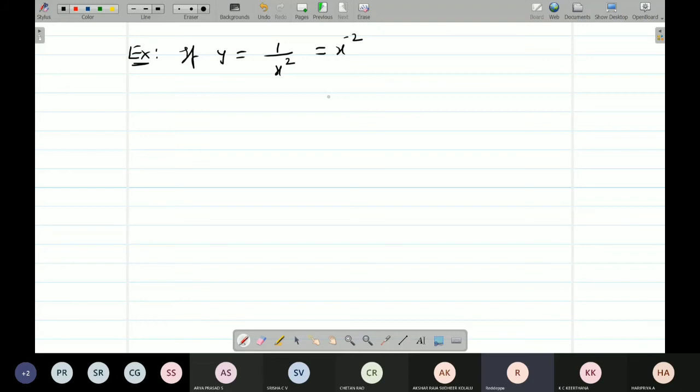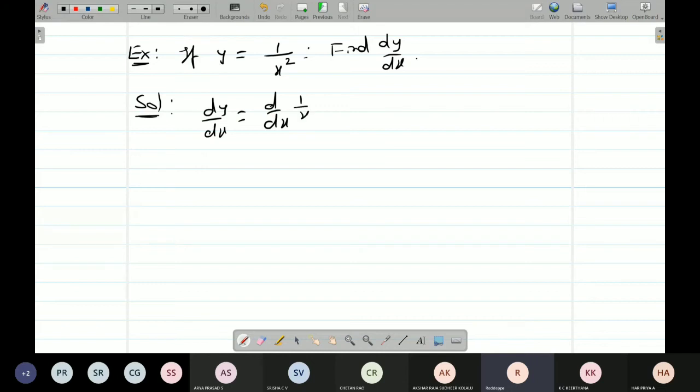Are you getting this or not? x power minus 2 you can write. If y is equal to 1 by x square, find dy by dx. Now, as part of the solution, you have to do that simplification. As y equals this, you can write dy by dx is equal to d by dx of 1 by x square.